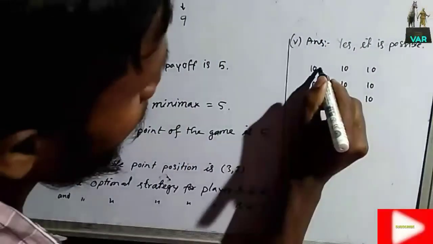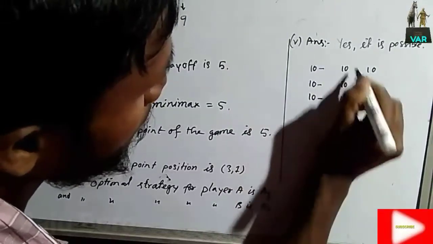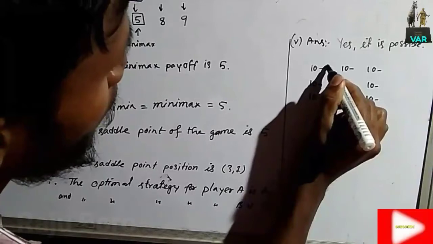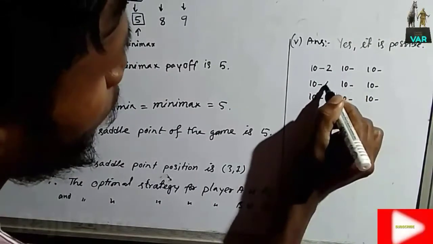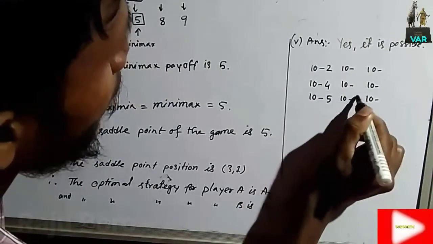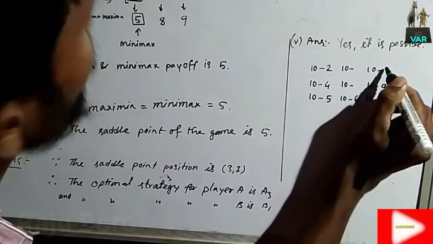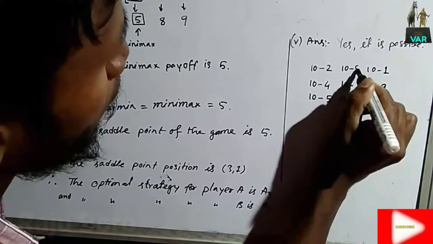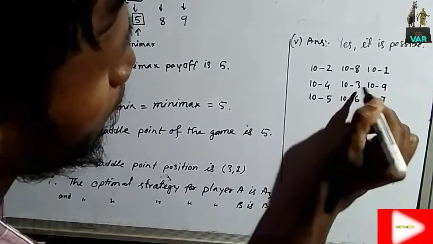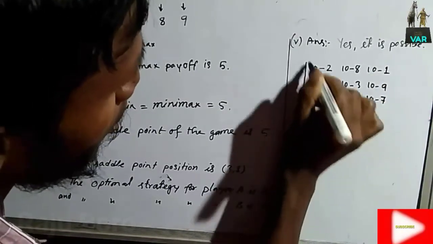Now we have to subtract this payoff. Subtract 2, 4, 5, 6, 7, 9, 1, 8, and 3, and give the bracket.